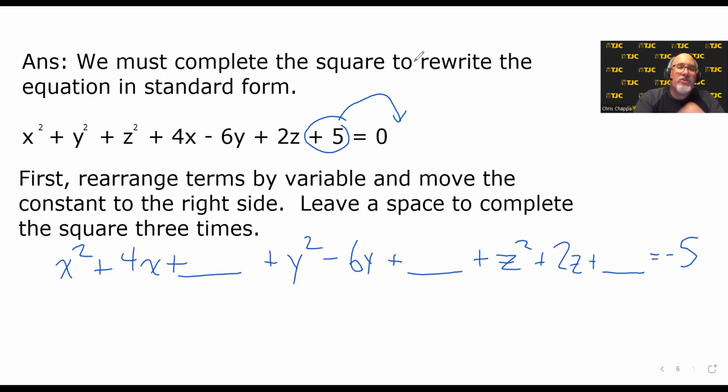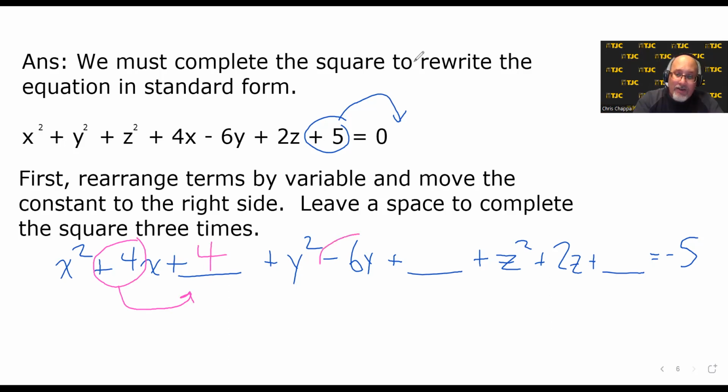But anyway, to complete the square, you have to take the coefficient of the linear term, linear meaning first power, and do two things to it. Cut it in half and then square the result. Half of +4 is +2. +2 squared is +4. That's why it's always a plus, because the last move there is squaring.